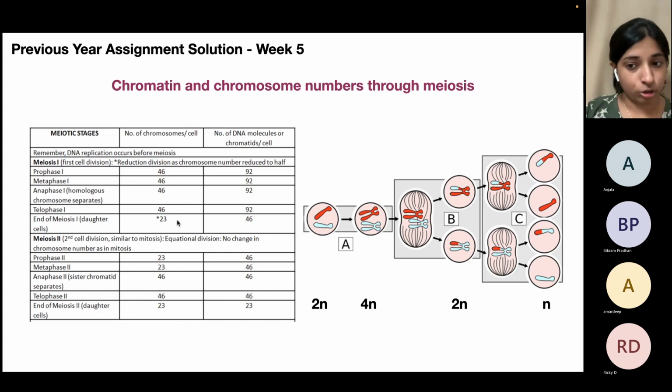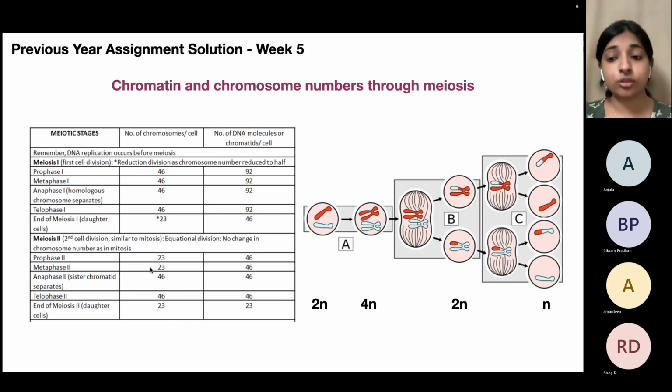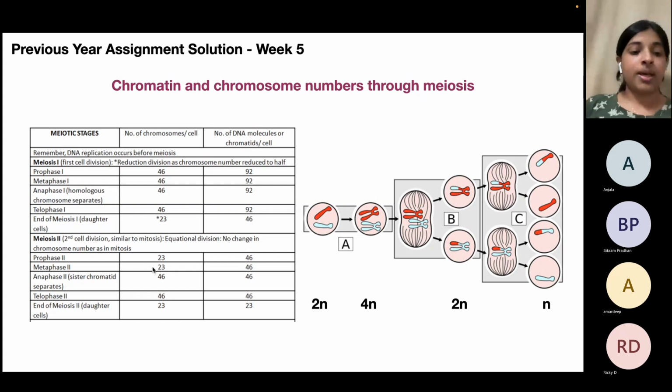So there are only 23 chromosomes now. Again, in meiosis 2, in anaphase, the sister chromatids separate, because of which there are 46 chromosomes that can be visualized by the microscope. At the end of meiosis 2, when cell division happens, it again comes back to 23, and there are only 23 chromosomes present in each daughter cell.